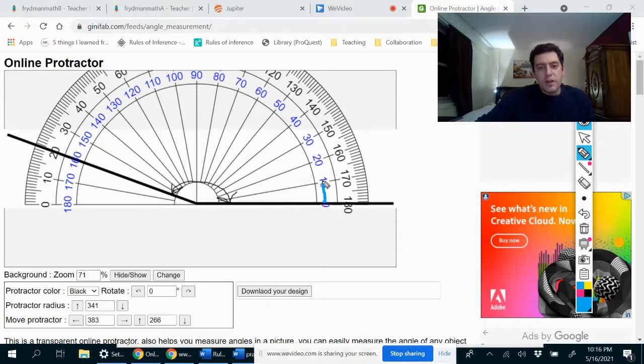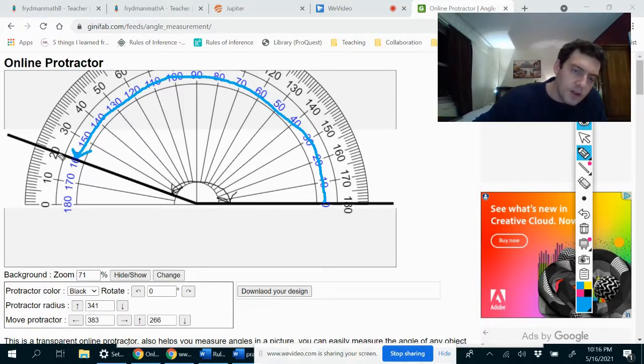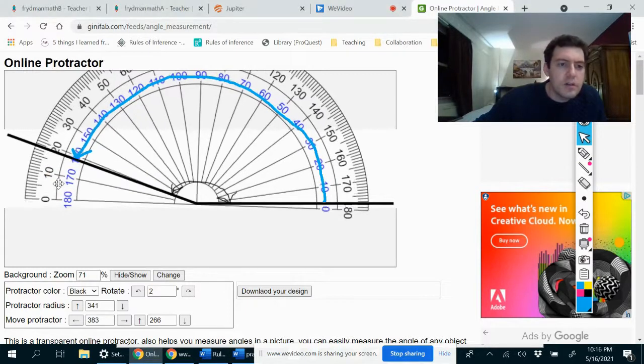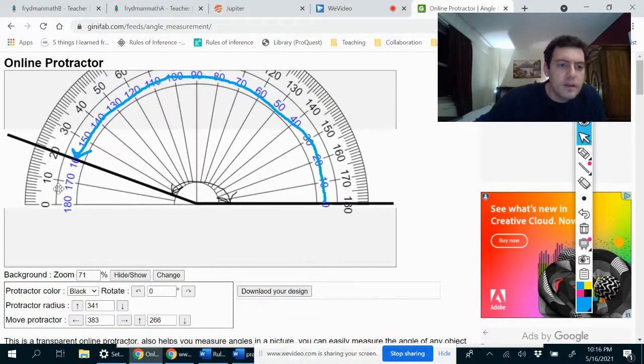All right, so following this set of numbers over to this line, it looks like this is going, let's see, 140, 150, so this is 160 over here. It looks like this is just about exactly 160 degrees. Okay, so that one is 160.